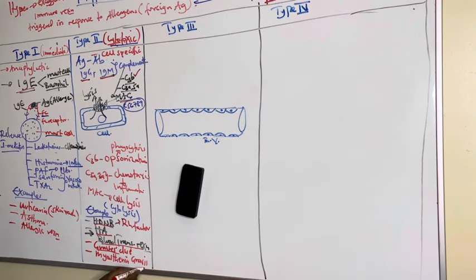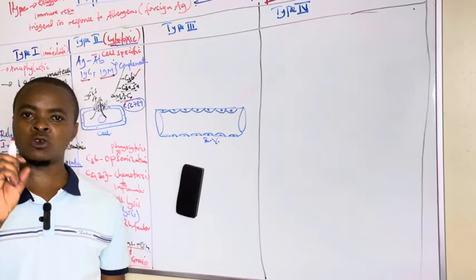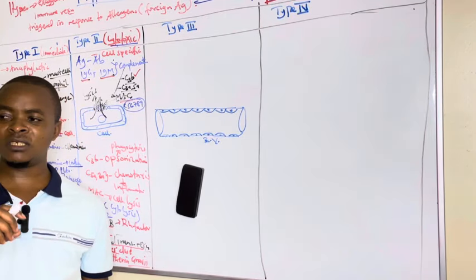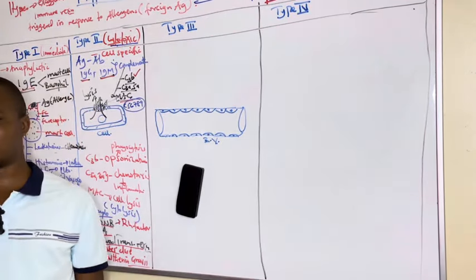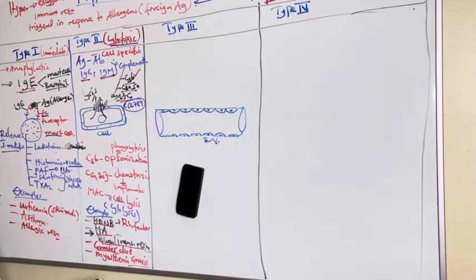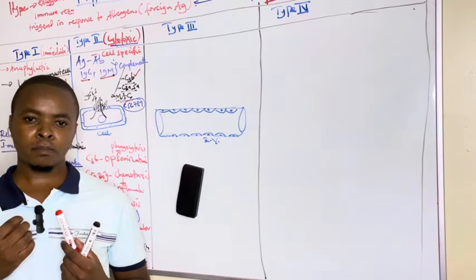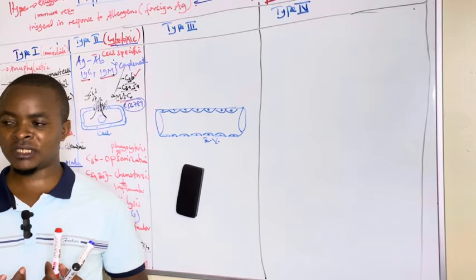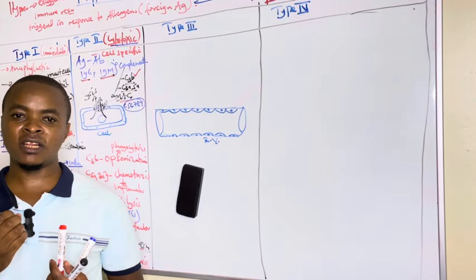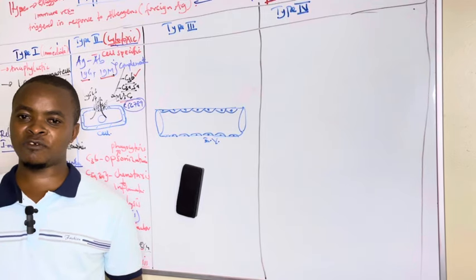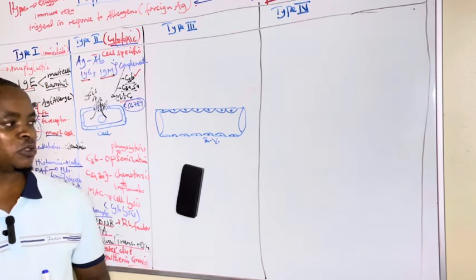Then myasthenia gravis, this is whereby the body is producing autoantibodies, antibodies which are against self cells. These antibodies go and attack the sarcolemma at the neuromuscular junction. We know at the neuromuscular junction, that's where impulses from neurons go into the muscles.